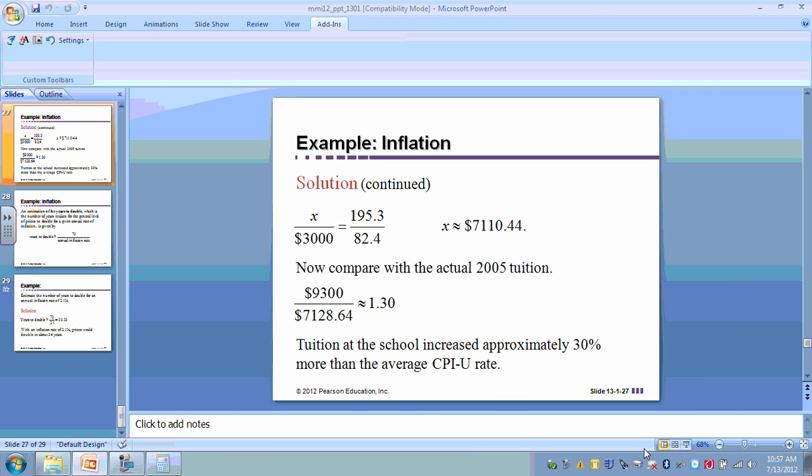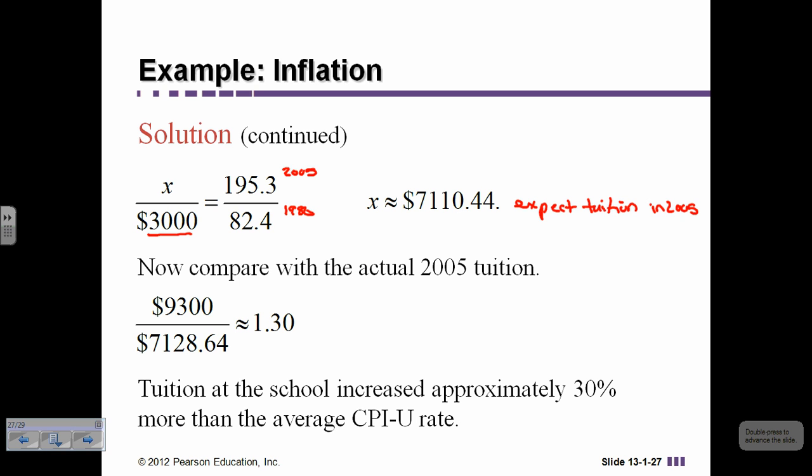Okay, so it looks like they just typed in the wrong number here. All right, so this number right here should not be 7,128, it should be 7,110.44, but you still end up with the 1.30.